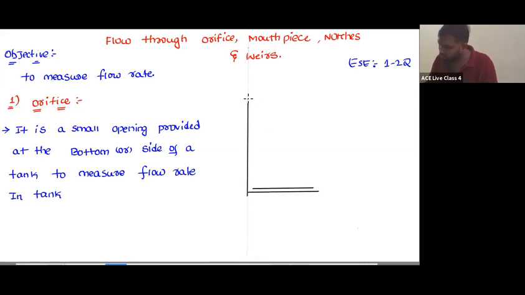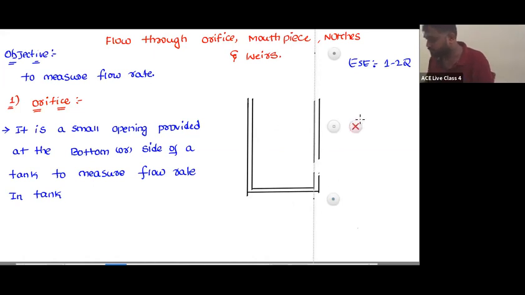So what I'm drawing here is a tank, my dear.